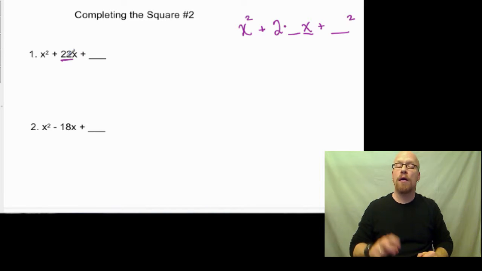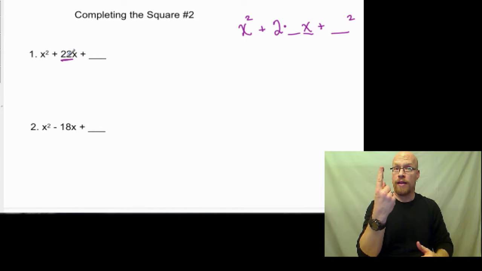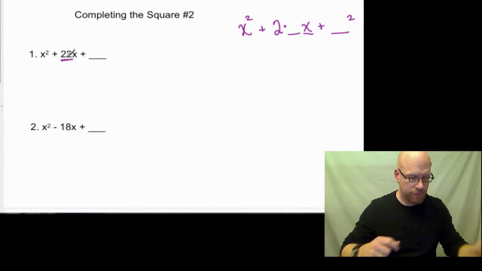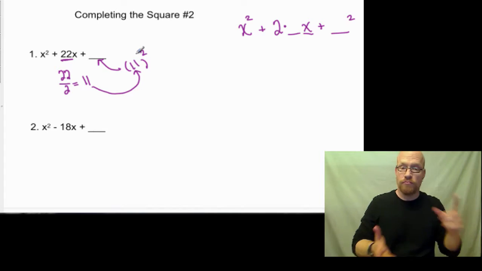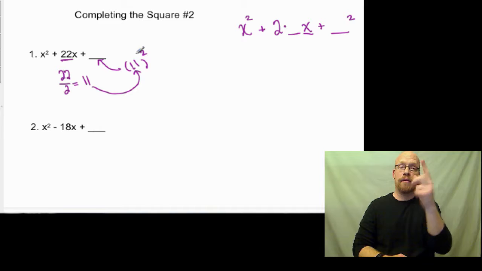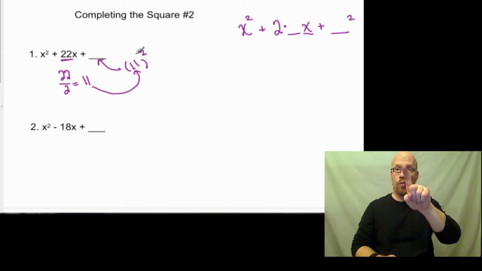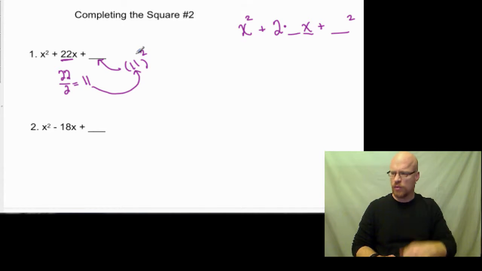So take half of that. 22 divided by 2 is 11. Now, 11 squared is 121.